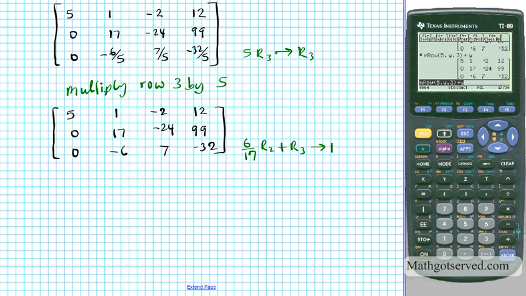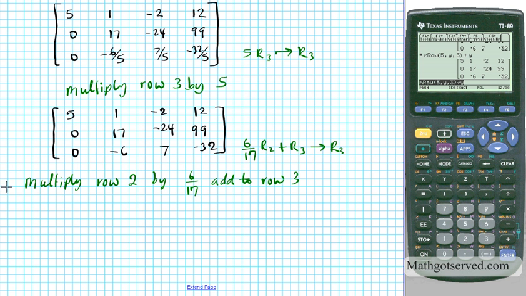And I'm going to store my result in row 3. Okay? So what on earth does this mean? This just means multiply row 2 by 6 over 17 and add to row 3.